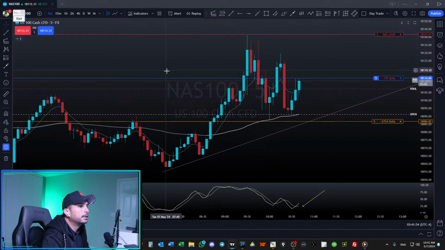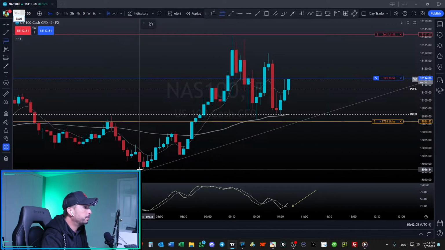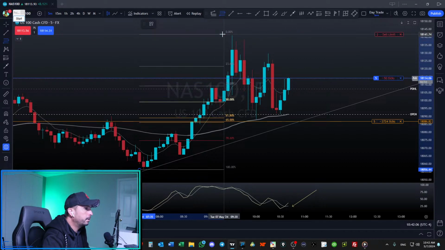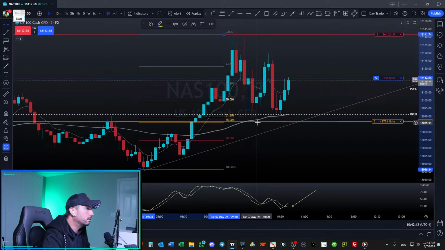Here, what we could have done prior, just to make sure, was pull the fib from top to bottom, and that gave us plenty of confirmation that the pullback was that one.